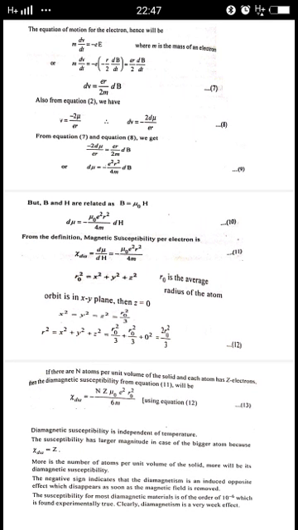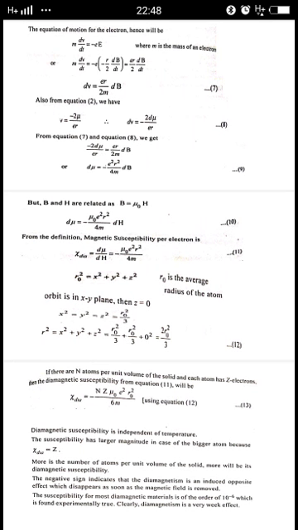As atoms are considered spherically symmetric, we can write x square is equal to y square is equal to z square, which is equal to r naught square by 3. Now we apply the condition that the electron orbit is, let's suppose, in the xy plane, then z is equal to 0.